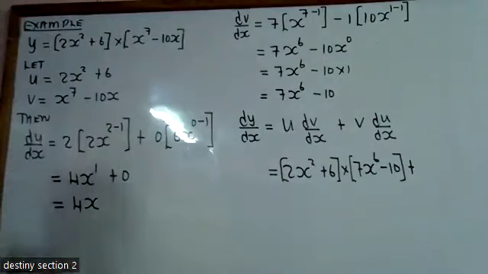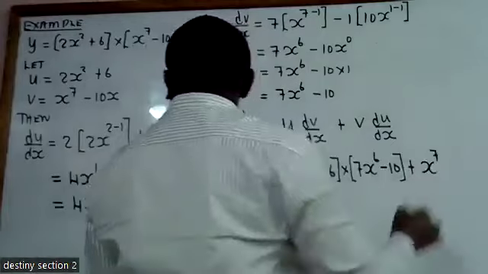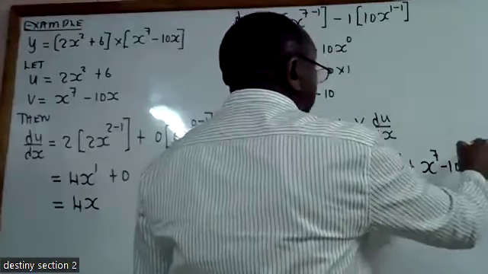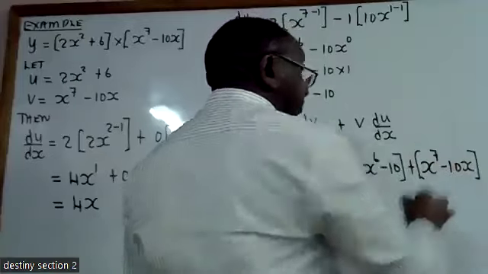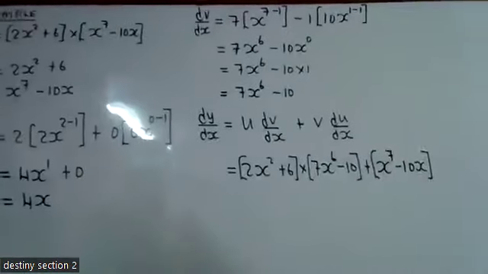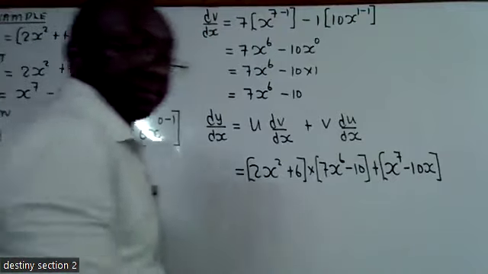Our v is this one, x raised power 7 minus 10x. Now you multiply by du/dx. du/dx tulipata hii 4x.